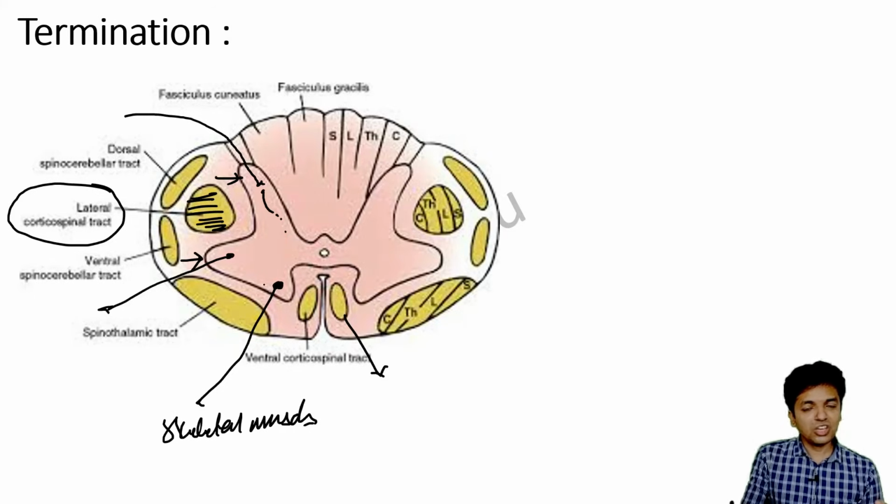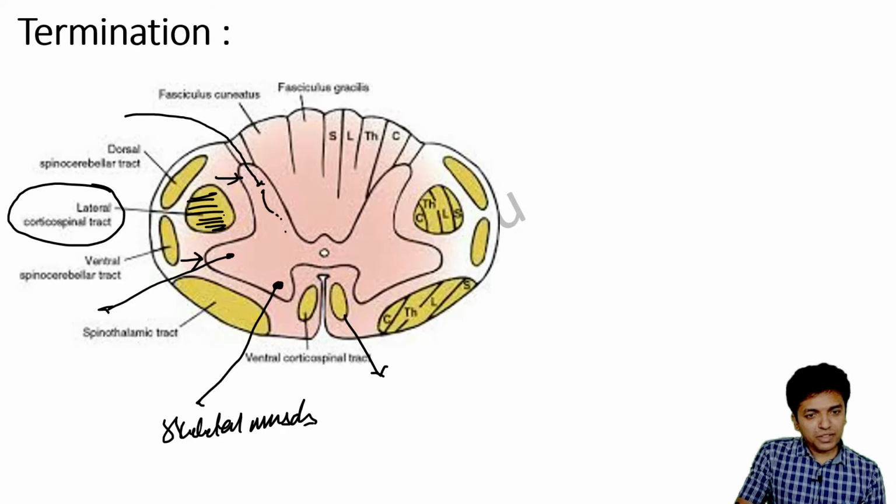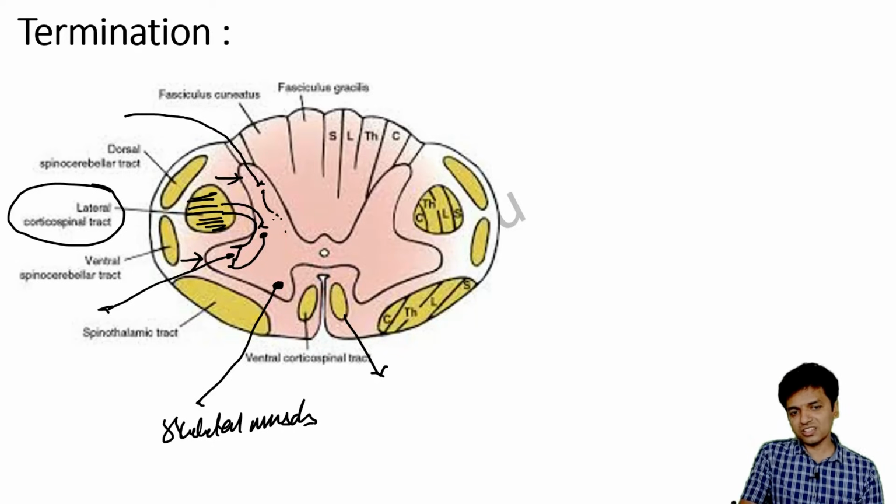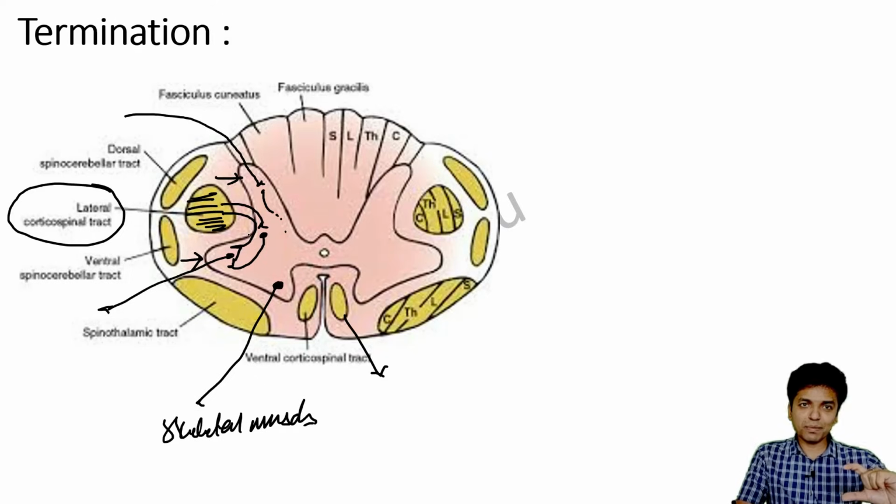So our lateral corticospinal tract fibers are going to terminate basically on the lateral group of the alpha motor neurons. This termination can occur directly, or via the interneurons present in the intermediate part of the gray matter of the spinal cord.